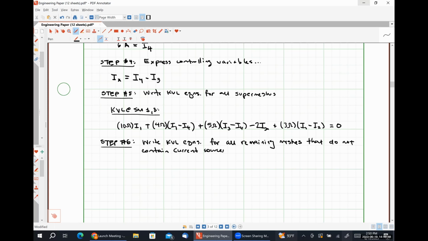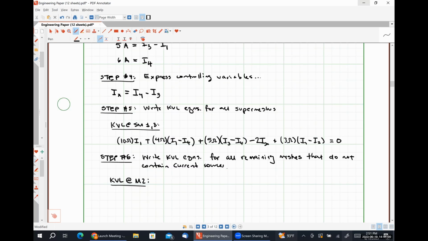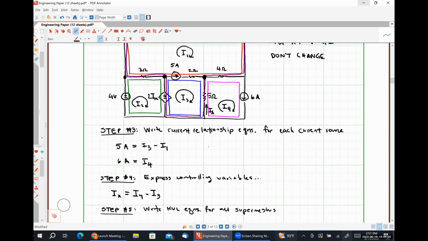So for us, that's just going to be mesh 2. So when we scroll up here, somebody tell me what our Kirchhoff's voltage law equation around mesh 2 should look like.